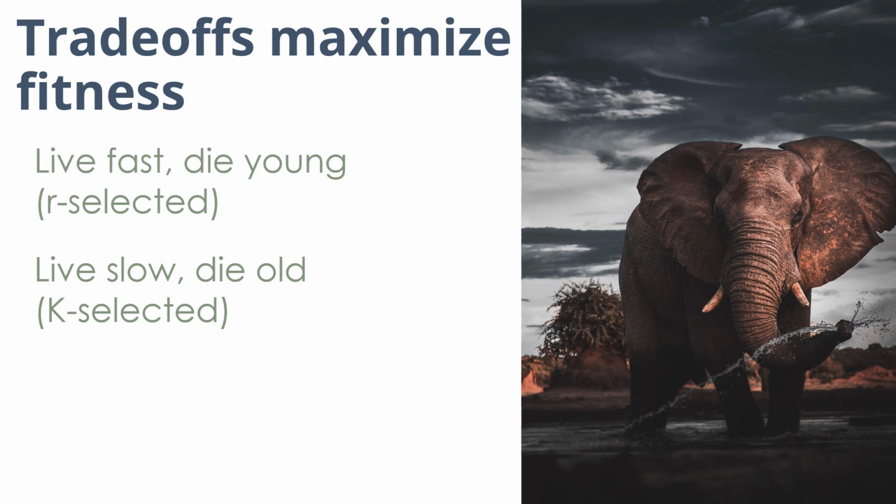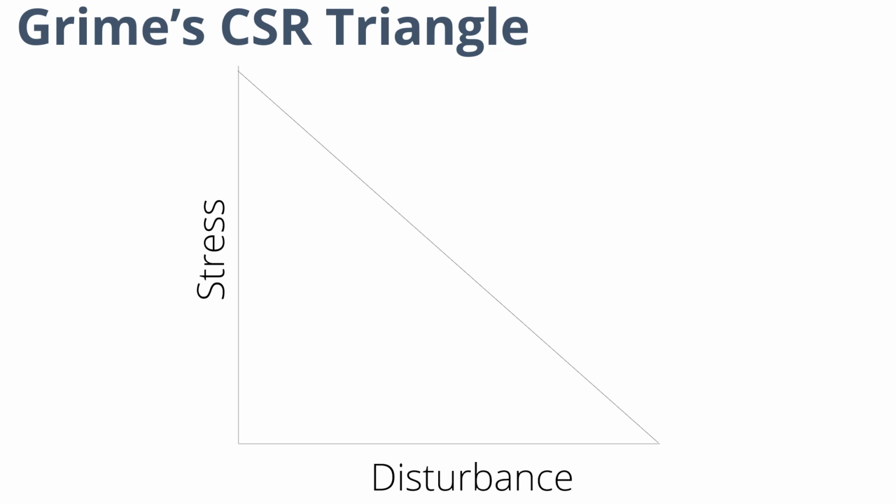So the trade-offs distinguish life history strategies. All organisms have an energy budget and allocate energy to different functions like survival or foraging or reproduction, which is energetically expensive. And so it's these energy trade-offs that ultimately maximize evolutionary fitness.